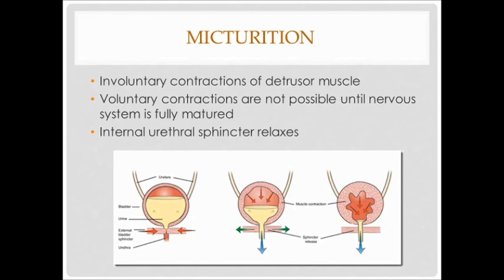So when small children are getting potty trained, until their nervous system is fully developed, they won't be able to voluntarily contract their bladder or hold their urine. So they won't be able to keep that internal urethral sphincter closed. So just like all the other organs we've talked about thus far, it's going to have an internal sphincter, that internal urethral sphincter, and when it relaxes, that's when it's going to release the urine down the urethra to be excreted.